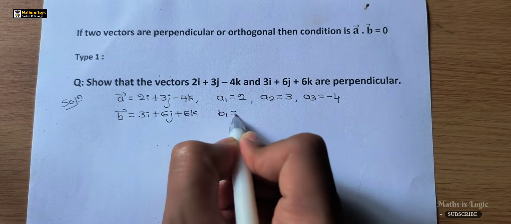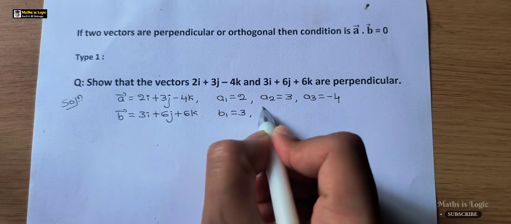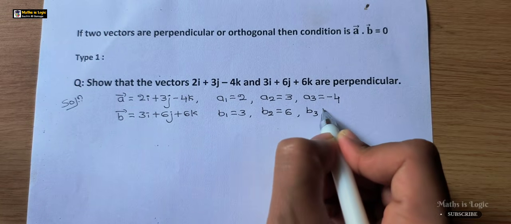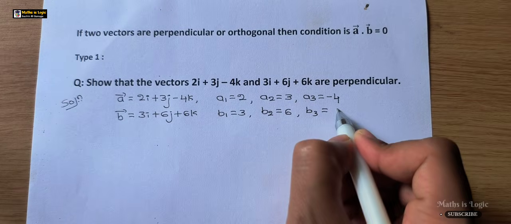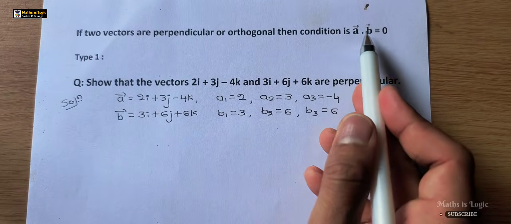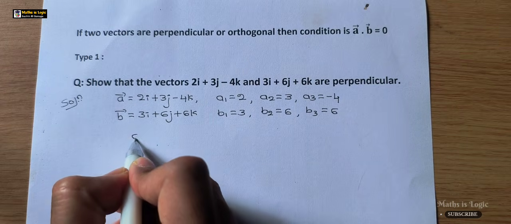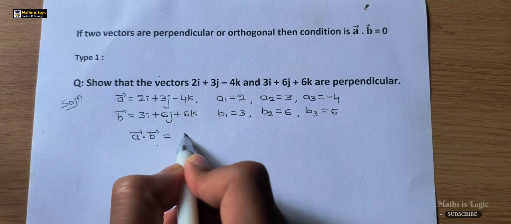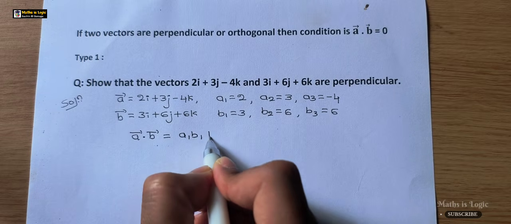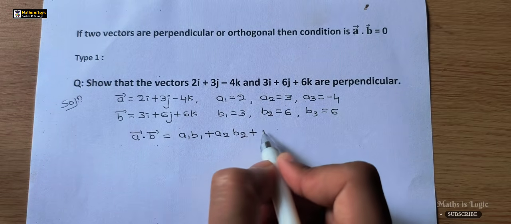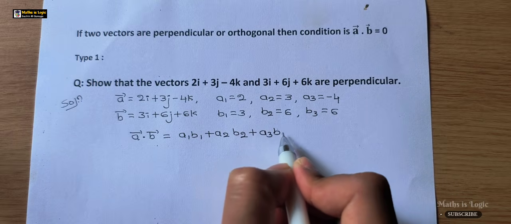So write B1 value 3, B2 value 6, and B3 value is 6. So after this, next find out A vector dot B vector. Therefore we know dot product formula. A vector dot B vector formula is A1 into B1 plus A2 into B2 plus A3 into B3.